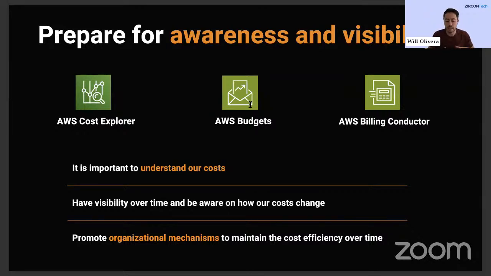And this is a fundamental action to do when we create a new account. Finally, we have AWS Billing Conductor, which is very useful for large organizations or when we have distributed teams or departments. So we can use that to put together the allocation of the billing and information among different accounts in a single place.